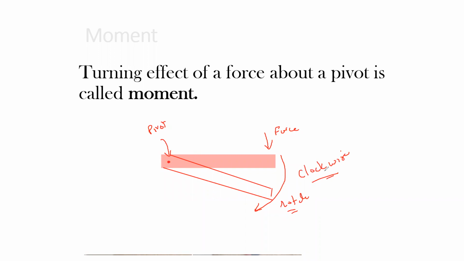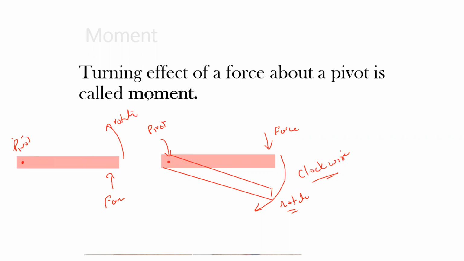So a moment can be clockwise or a moment can be anti-clockwise or counterclockwise. For example, if an object is fixed here at a pivot, we apply the force, and the object rotates. So what kind of rotation is this?